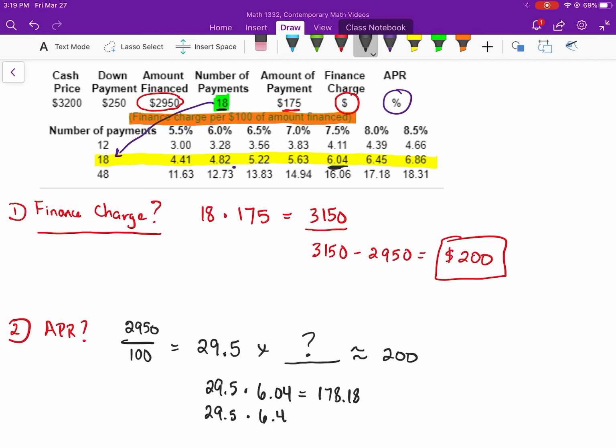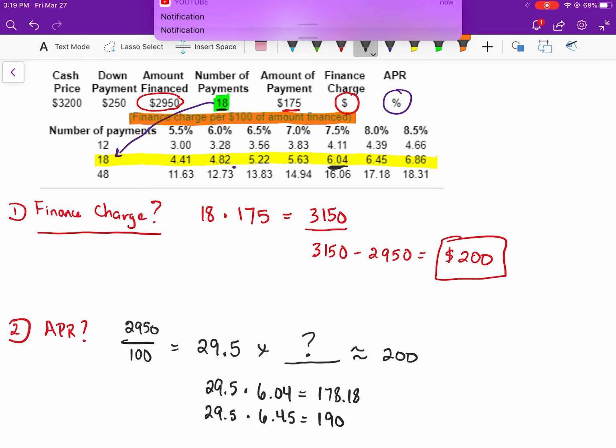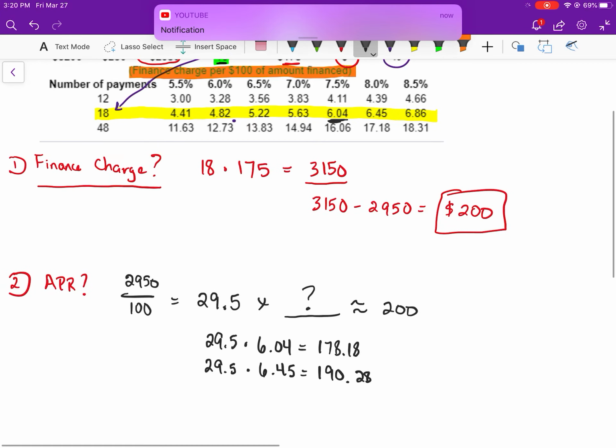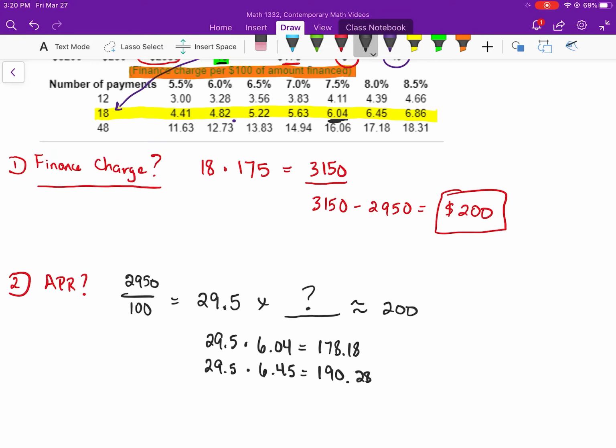So 29.5 times, let's go to the next value up, 6.45. Punch that in my calculator, and that is equal to $190.28.